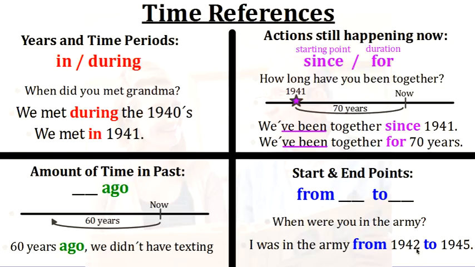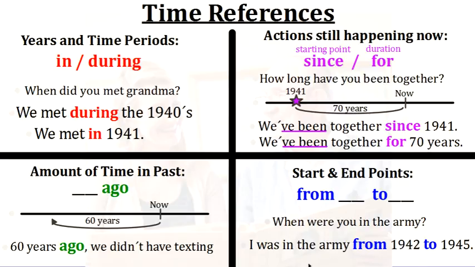So that means he started in the army in 1942, and he finished in the army in 1945. So he used from and to indicate when it started and when it ended. And remember, we can use this for anything. We could use it about a time, as in, I have class from 9 o'clock to 12 o'clock, right? So we use this in any type of context, and here we're just using it in years.